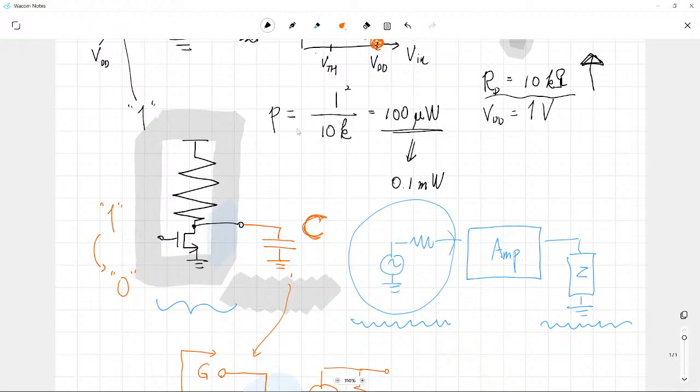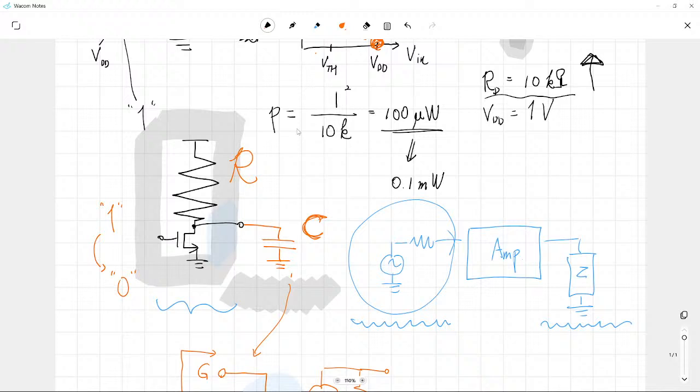Now think about this one. More or less this C has a reasonable value because the size of your MOSFET is reasonable. But now we assume that we have introduced a ridiculously large value for our R. That is the current assumption.